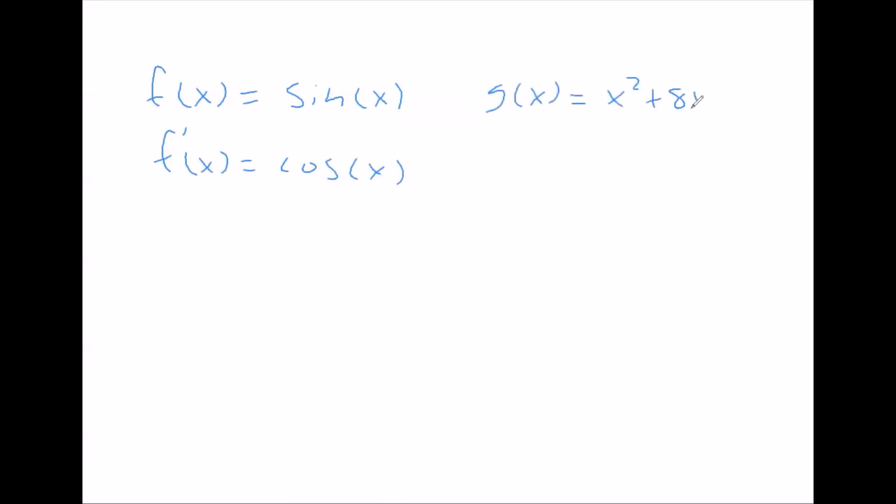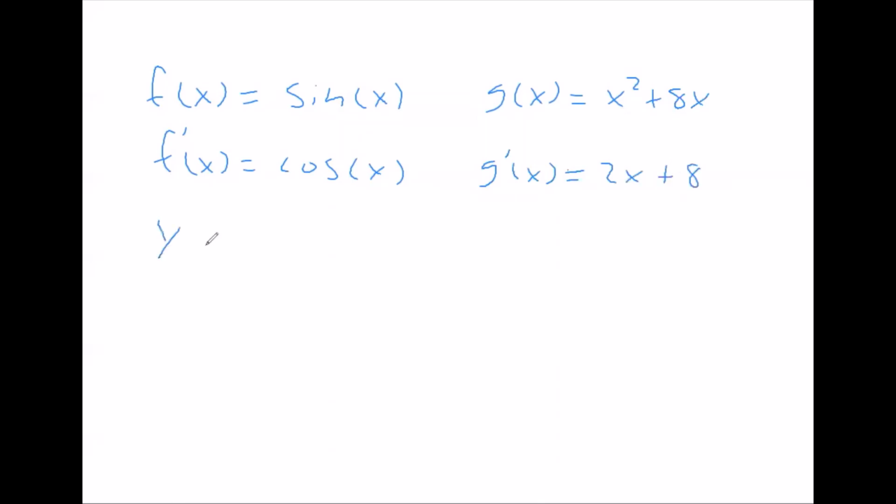Okay, let's look at yet another function. Let's say we look at sine of x. The derivative for sine of x is cosine of x. And let's pair this up with the function x squared plus 8x, whose derivative would be 2x plus 8.